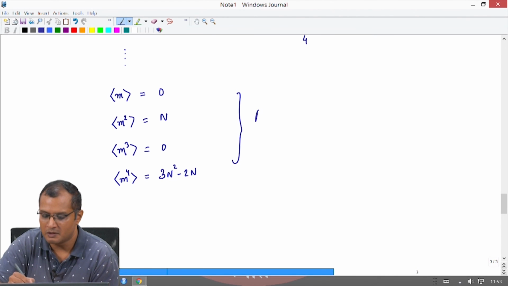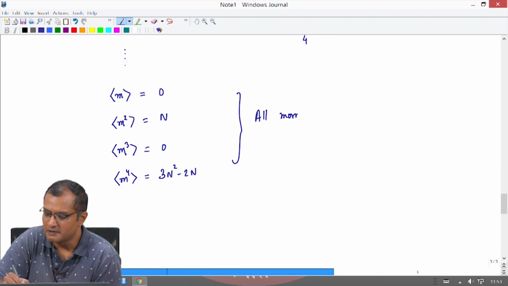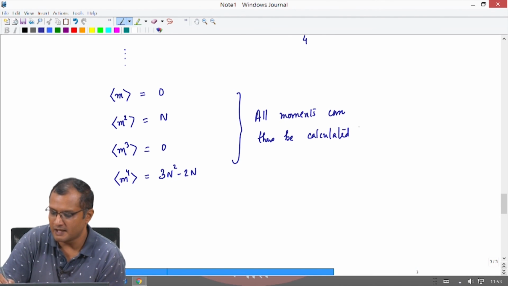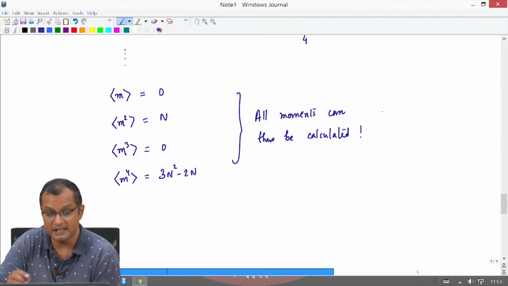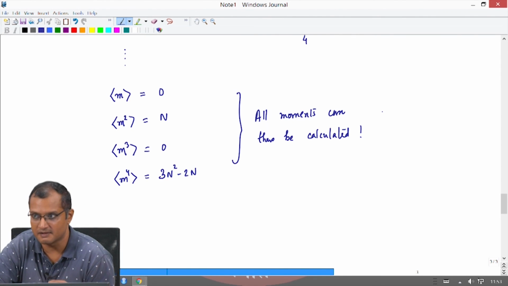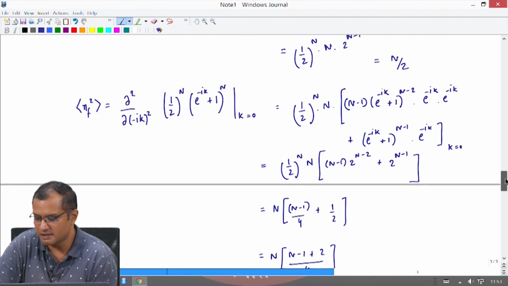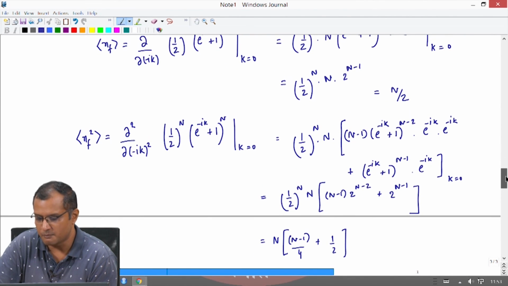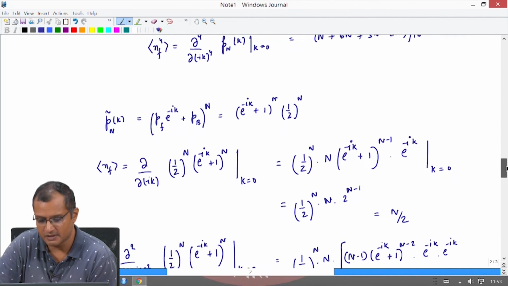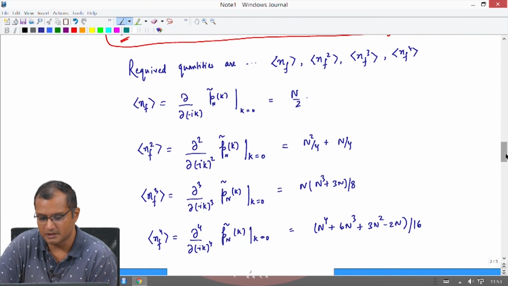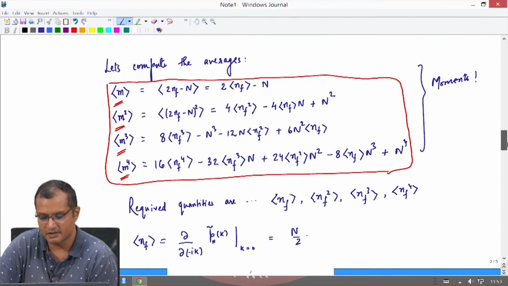So, all moments can thus be calculated, and I am going to argue that they are calculated very easily if you know the techniques of the characteristic functions. Okay. So, this calculation just involves taking the appropriate derivatives of the characteristic function and simply computing the moments from this relationship that we have derived.